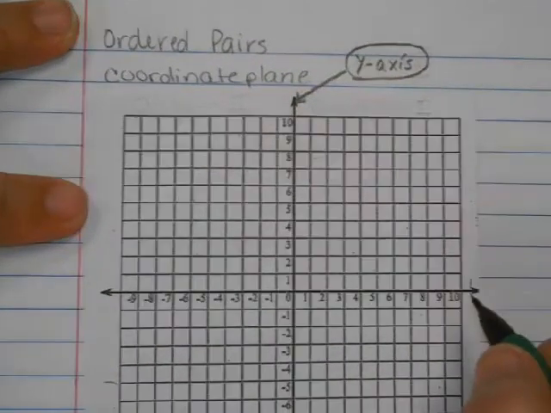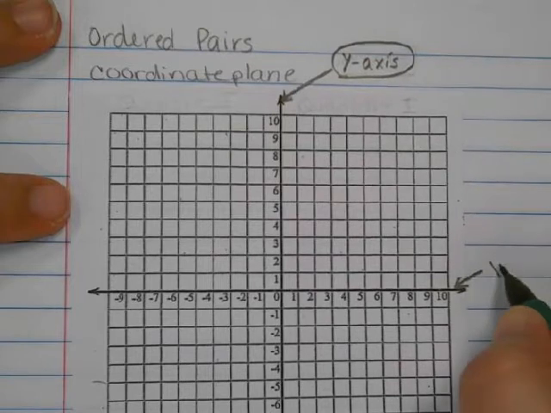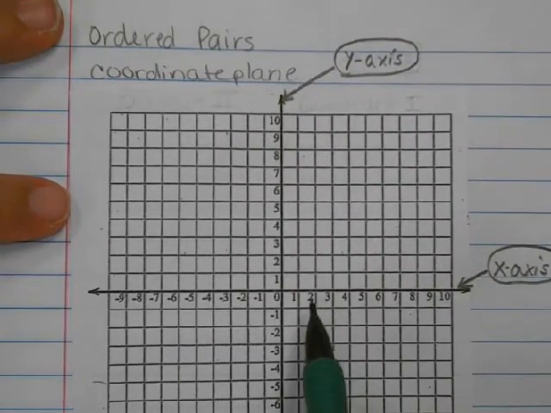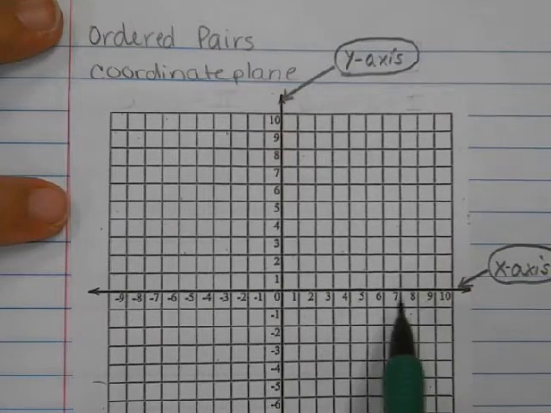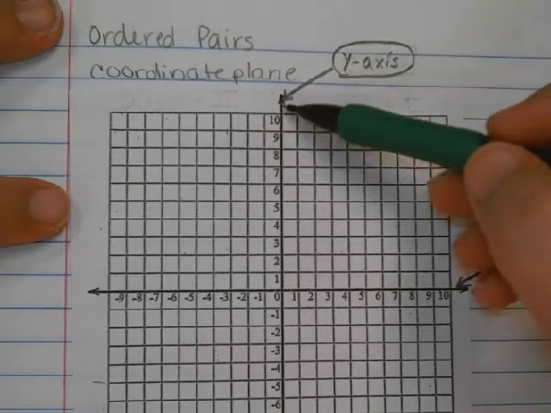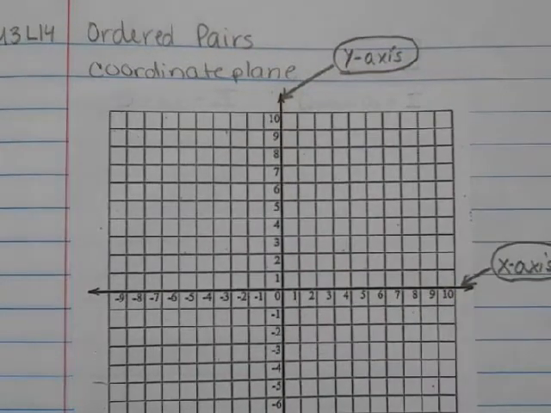The horizontal line, this is our x-axis. So anytime we're looking at numbers going across, whether they're positive or negative, those are our x numbers. And the numbers that go up and down, our vertical numbers, are our y numbers.